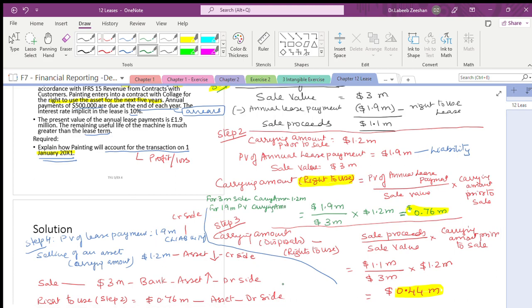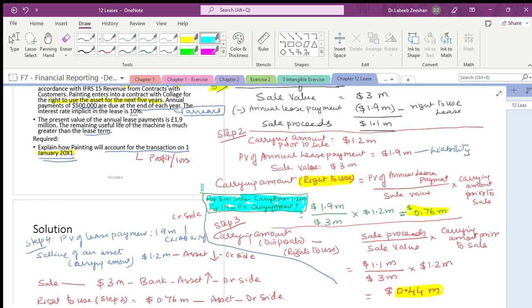That's all you are doing. Now understand, this is only we are doing, nothing else. For 3 million, carrying amount is 1.2. For 1.9 million, what is the carrying amount? We should always make the point with respect to carrying amount.